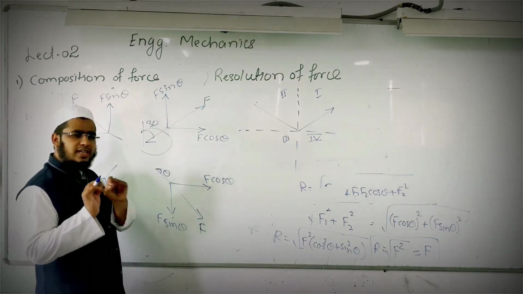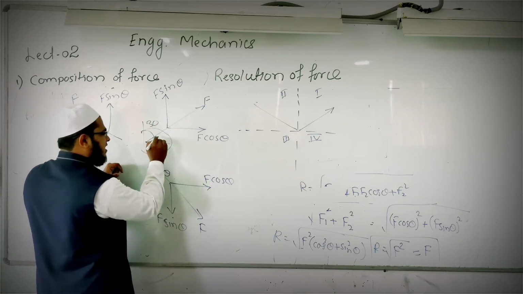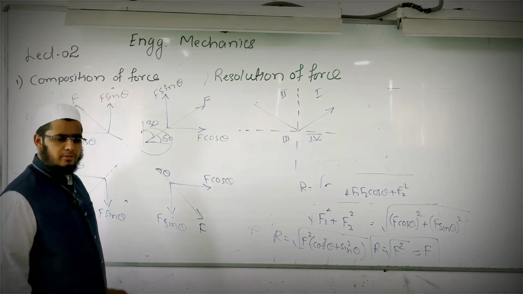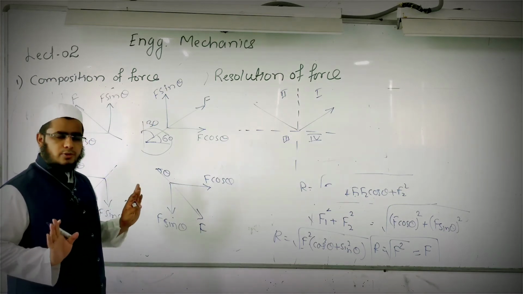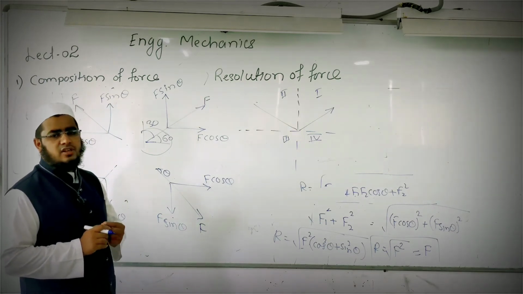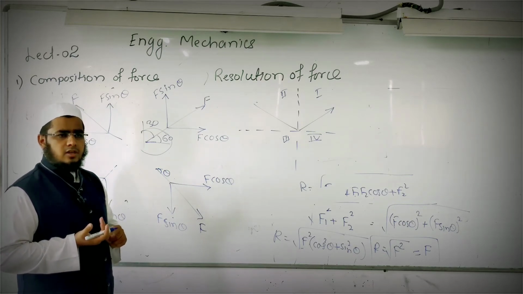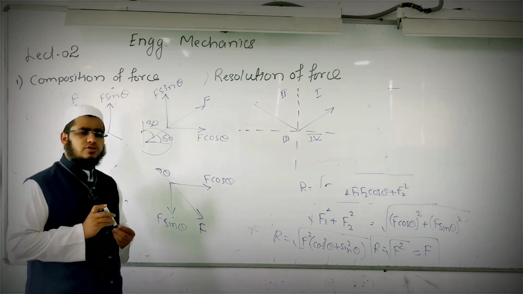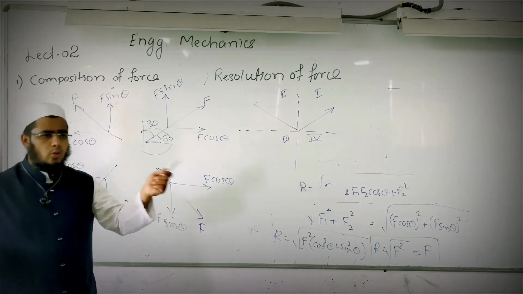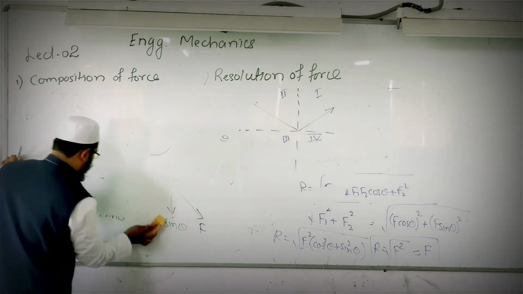That's why we will use only the horizontal reference. If it is 30 from vertical, then from horizontal it is 60. Now it is very clear how to resolve the forces. The resolution is done with the help of the inclination with the horizontal reference line or x-axis. The horizontal component will be force cos of angle. The vertical component will be force sine of angle.